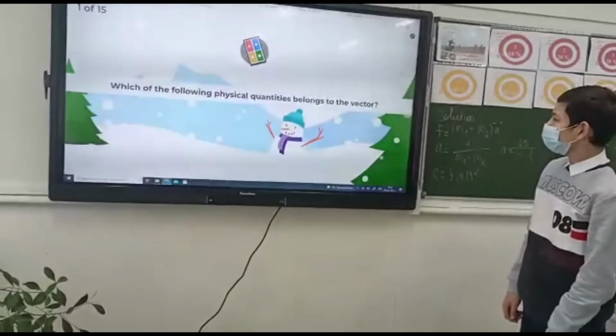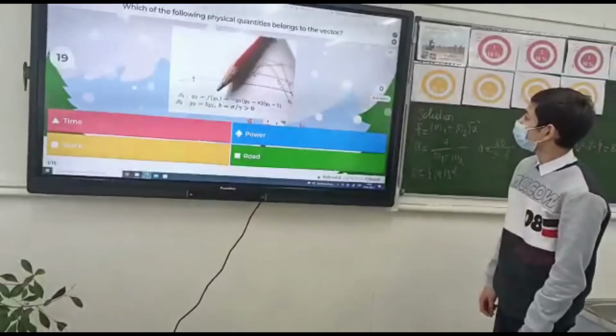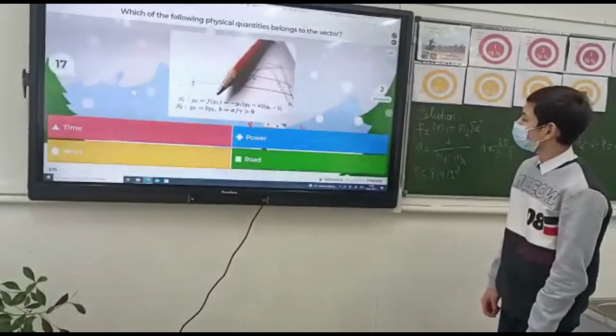Which of the following physical quantities belongs to the vector?